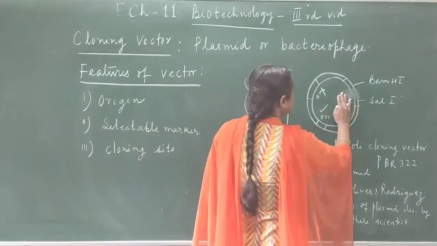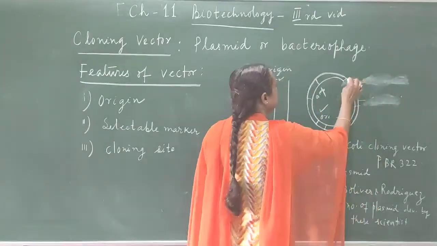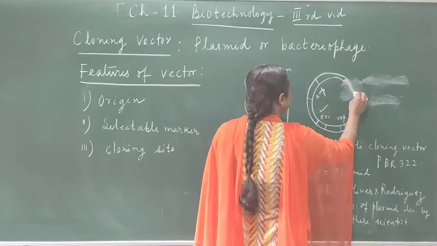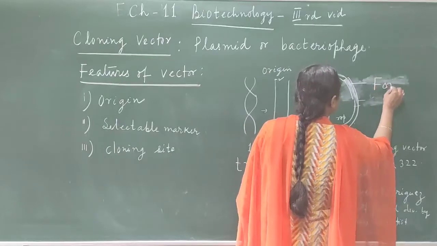Okay. Now for example, suppose you cut the tetracycline resistant gene, and in its place you add a foreign gene, foreign DNA.